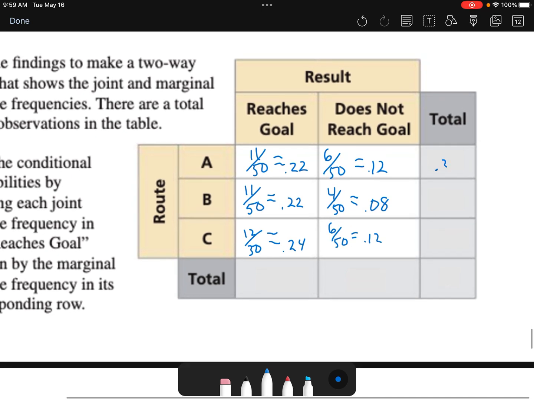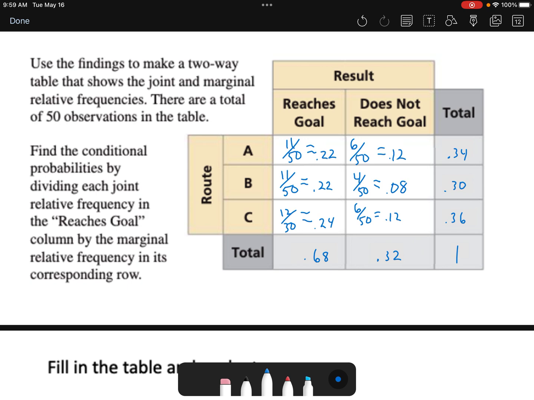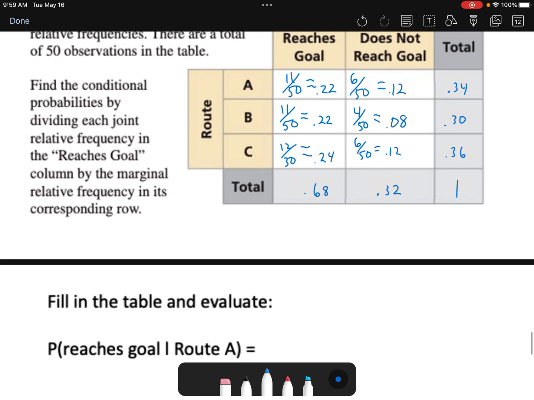And if we add those across, 0.34, 0.30, 0.36, let's see, 0.68, 0.32, you get 1.